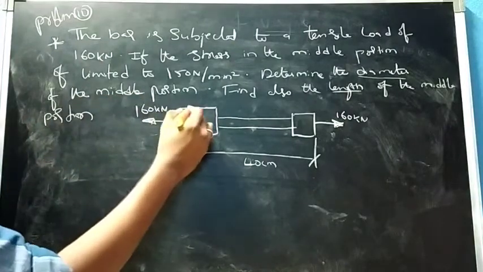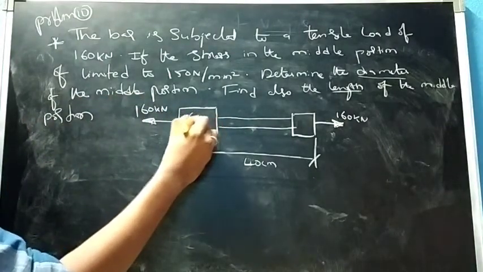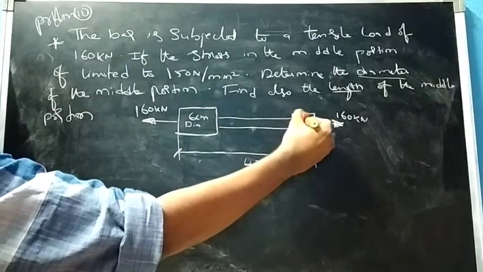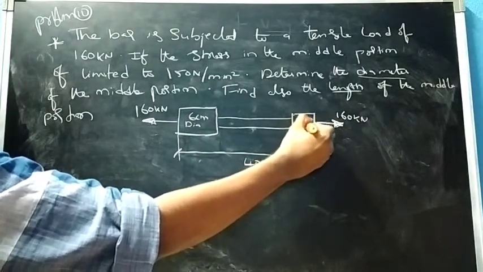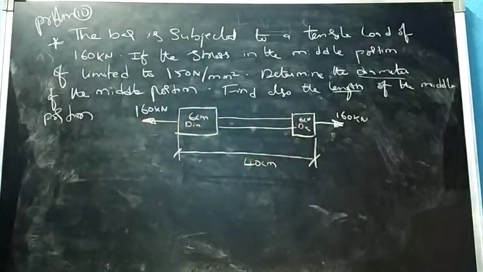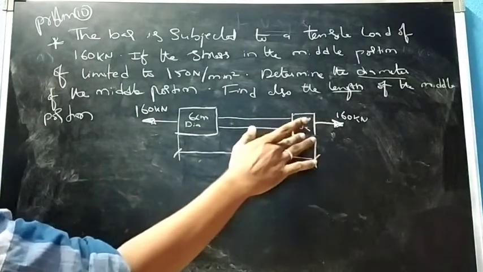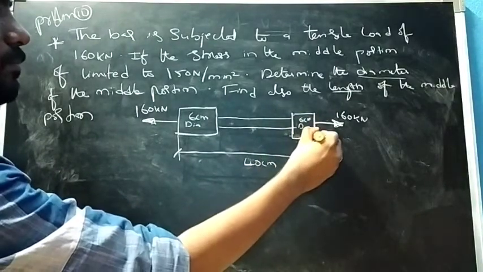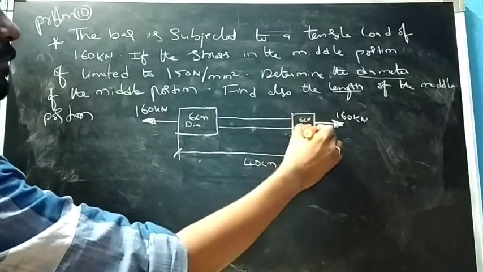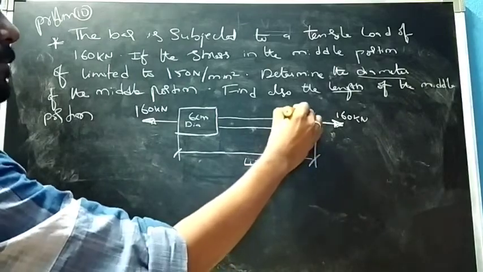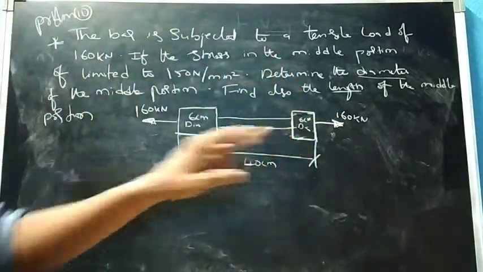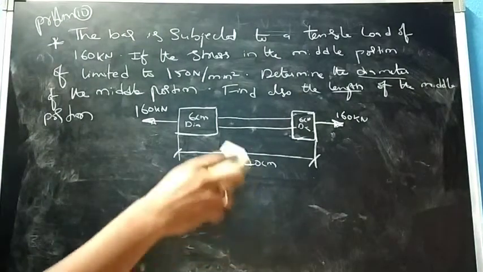So the dia of this bar is 6 mm. Let's say dia same as 6 mm. So these two are same. Let me draw it properly.